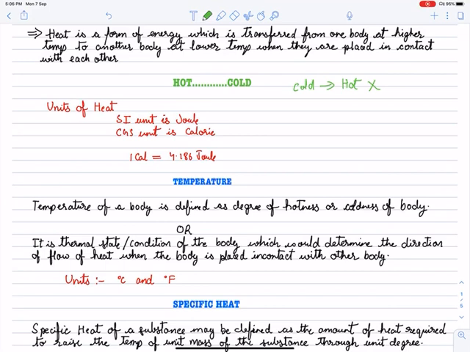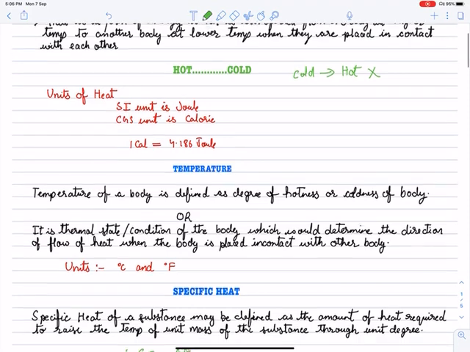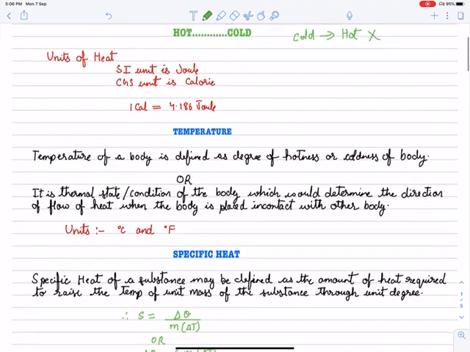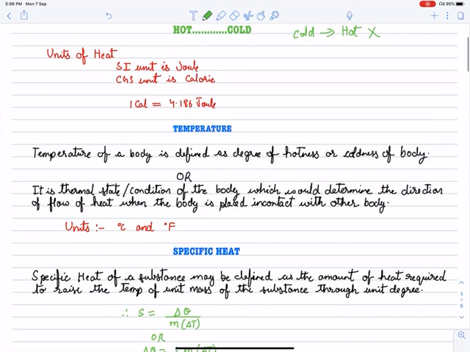A more proper definition is that temperature is the thermal state condition of a body which determines the direction of flow of heat when the bodies are placed in contact with each other. How will you determine the direction of flow of heat? Say there are three bodies, body 1, body 2, body 3.